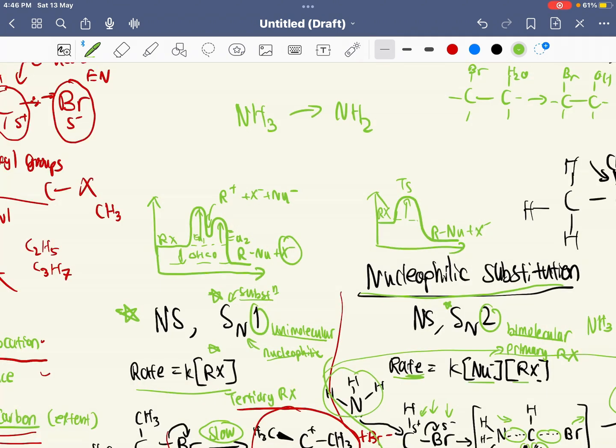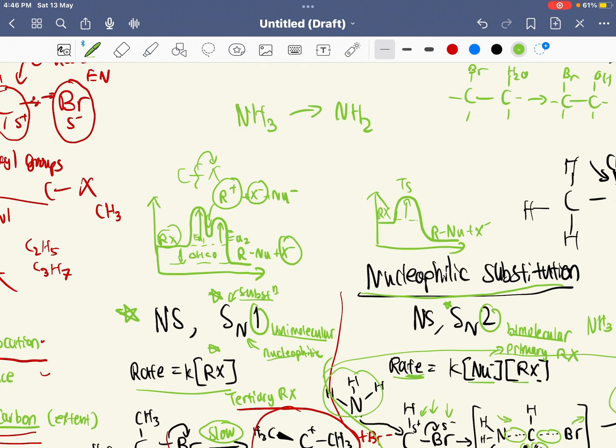Okay, so now I'm going to continue to explain the energy profile diagram. Over here, you can see for SN1 there's two humps. Why? Because there are two steps to this reaction. Firstly I'm going to have my RX on the left as my reactant. Then I have to break my C-X bond first, so I get my R plus, my carbocation, and my X minus, because it breaks heterolytically.